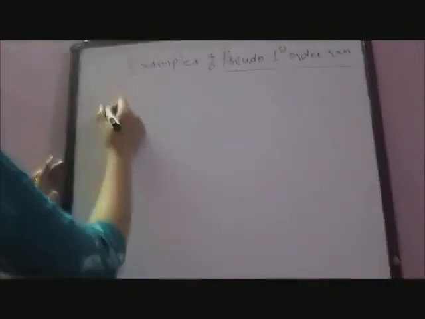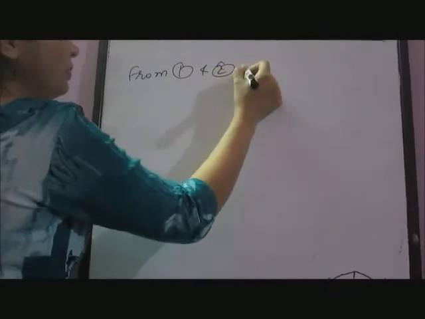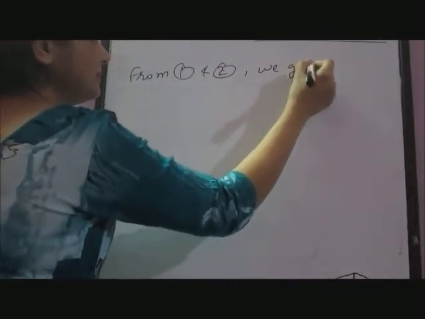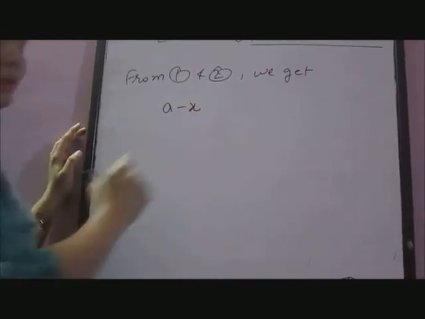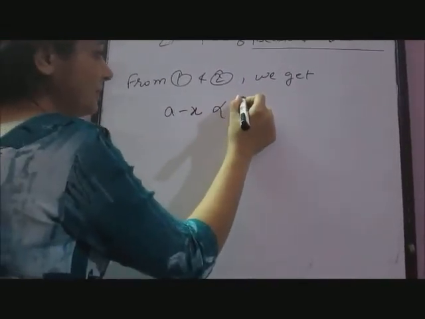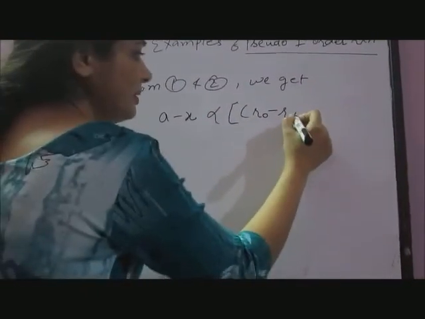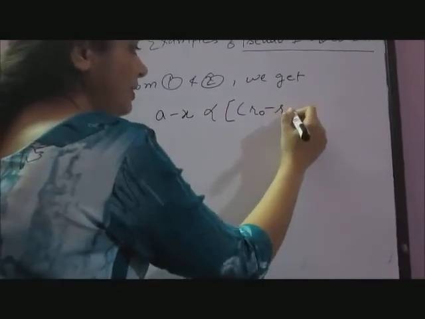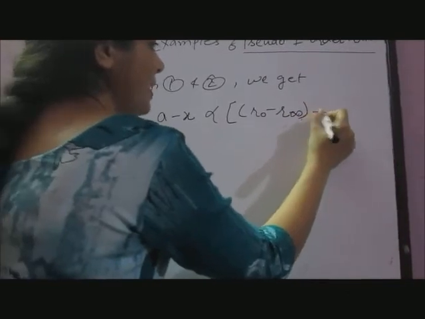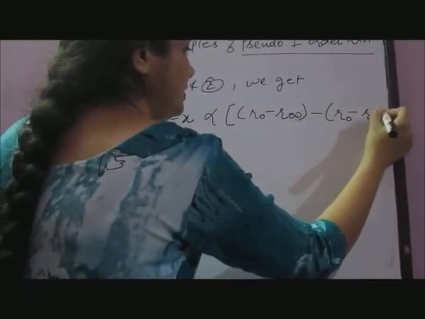From equation 1 and 2 we get, A minus x is proportional to R naught minus R infinity minus R naught minus Rt.